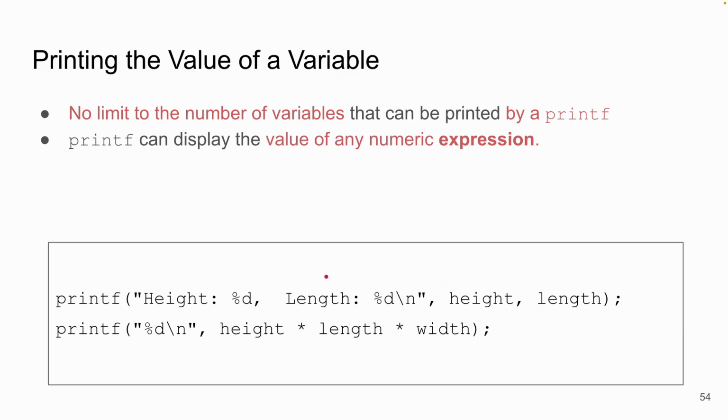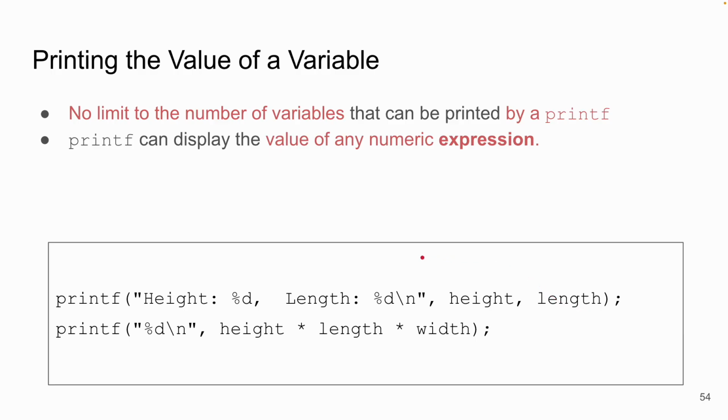The only thing I need to do is to add 2 %d here. The reason we need the %d is that height and length are integer variables. And then after the string for the printf, we can put the names of the 2 variables. So we put height and length here.